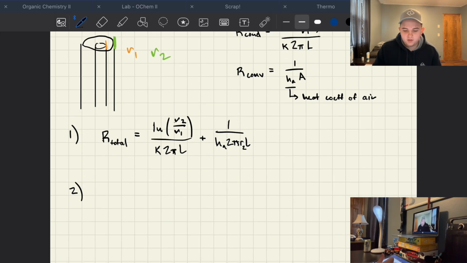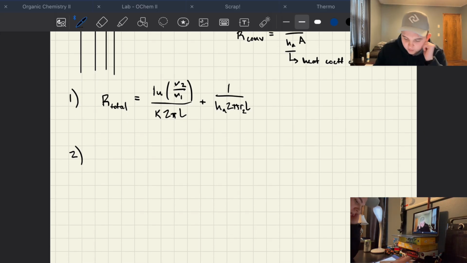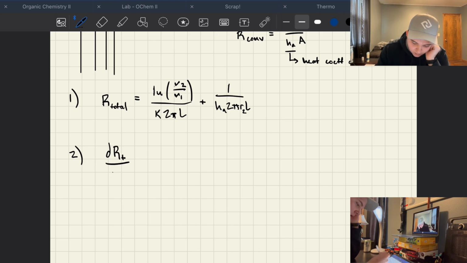So let's start with our first derivative, which will give us our R2, our critical point. We're going to take the derivative of R total, and that's going to be equal to 0.